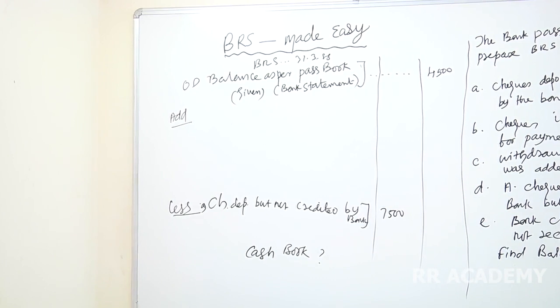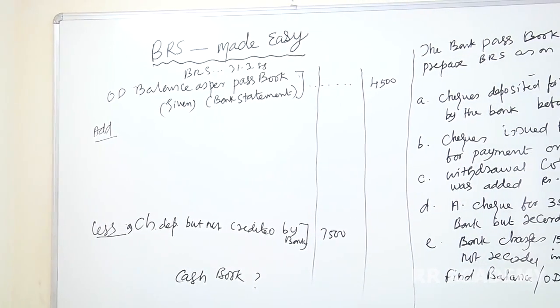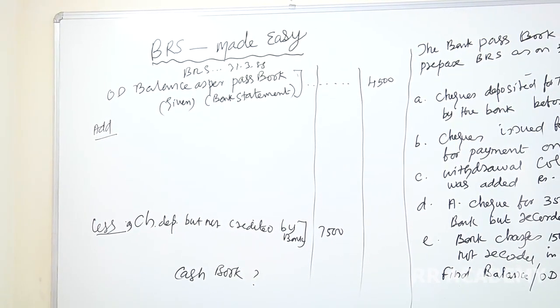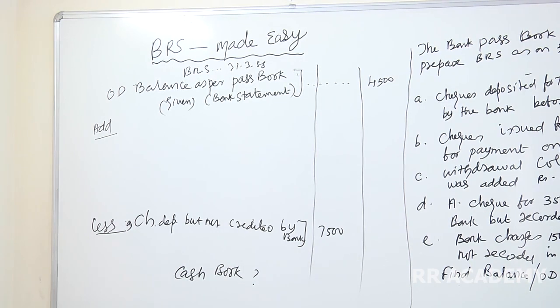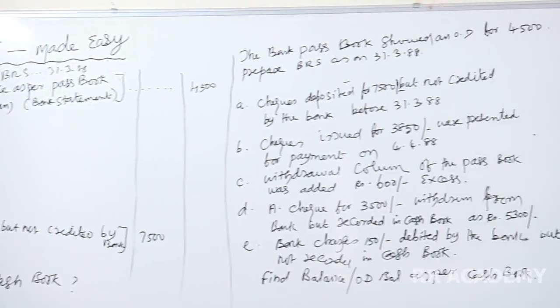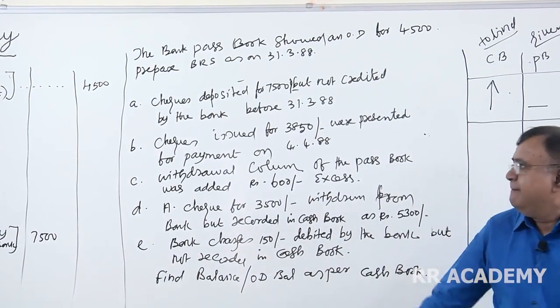Now go through the second one in your book. Checks issued 3,850. Overdraft as per passbook. Checks issued for 3,850 were presented for payment on 4/4/88.